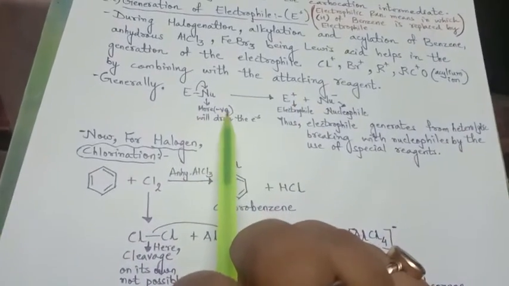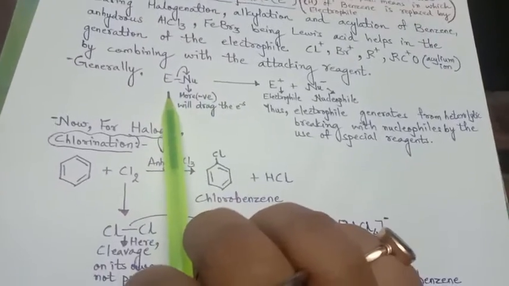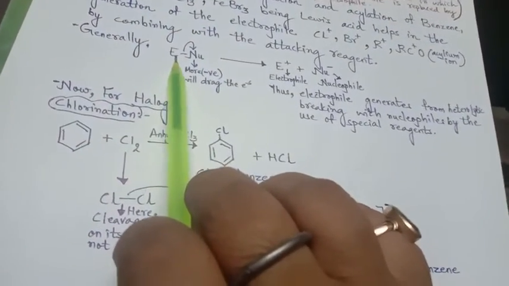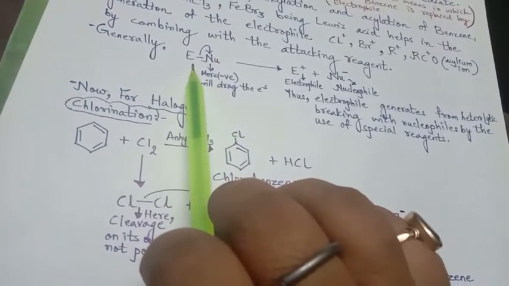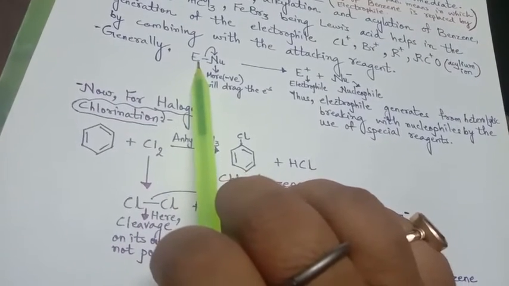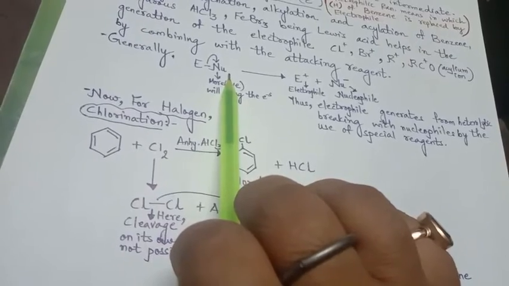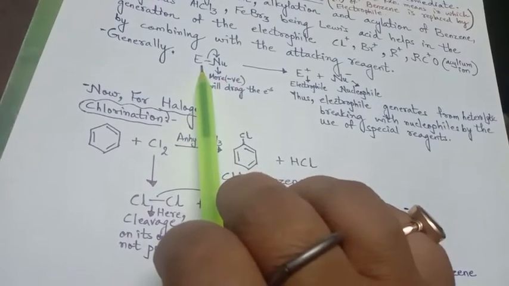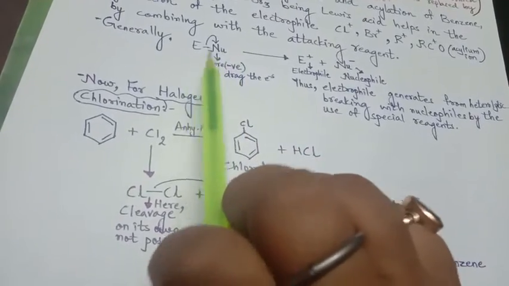What is the general reaction? Let us see here. Generally, this is a reactant, or we can say a substance. Most substances always have positive and negative forms. So here E is the electrophile and Nu is the nucleophile.